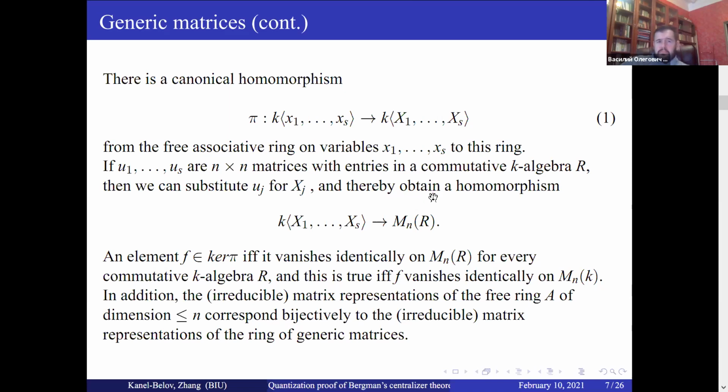What is the generic matrix algebra? It is a free algebra with some set of identities. You can consider free generators of the free associative algebra, and there are generic matrices whose entries are algebraically independent. This is the algebra of generic matrices, and you send the free generators of the free associative algebra to the generators of generic matrices.